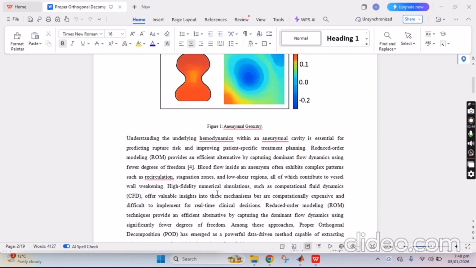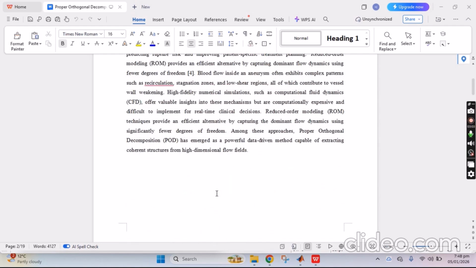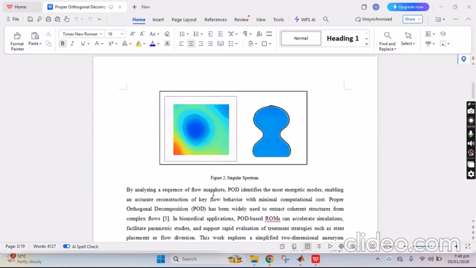The main thing is that reduced order modeling, called ROM, provides an efficient alternative by capturing dominant flow dynamics using fewer degrees of freedom. In the introduction, I have explained in detail how reduced order modeling techniques provide an efficient alternative.